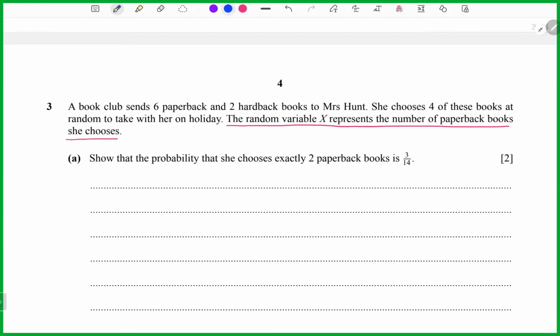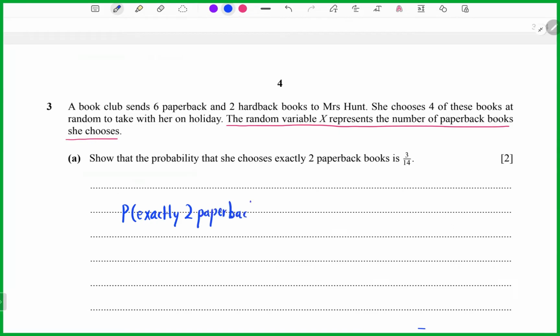Show that the probability that she chose exactly 2 paperback books is 3 over 14. So I can use combinations to solve it. Why? Because she wants to choose exactly 2 paperbacks, right?